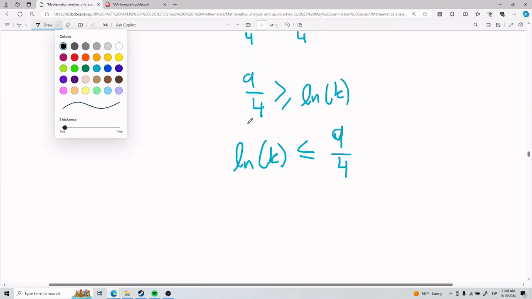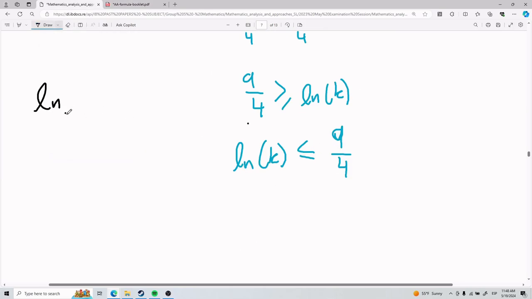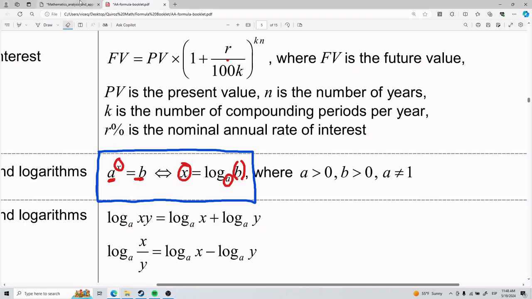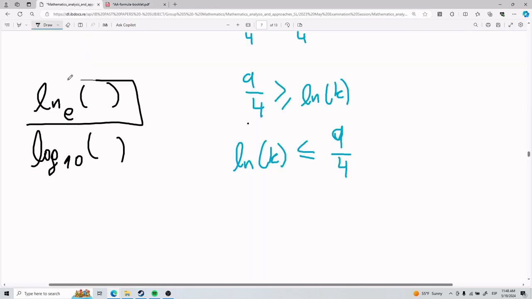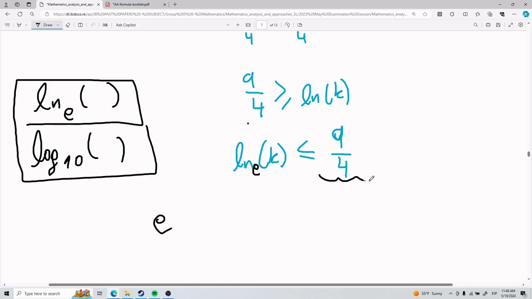It's natural log. And natural log always has a base of e. Normal log has a base of 10, unless they tell you otherwise. Okay? If they tell you otherwise, you have a different base. But the default is that natural log has a base of e, log has a base of 10.